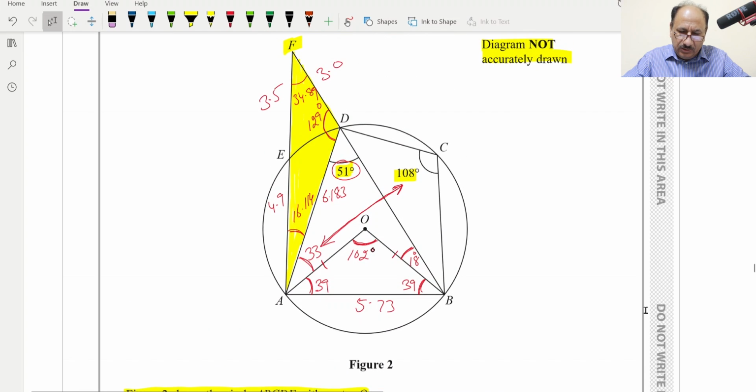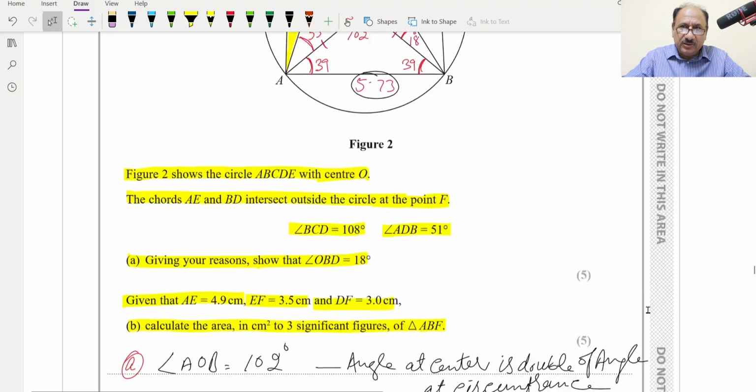Area of ADB: one side is 6.183, the other side is 5.73, and the angle is 72, since 33 plus 39 is 72.